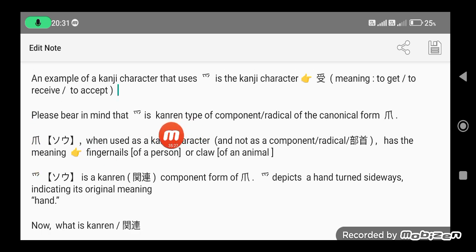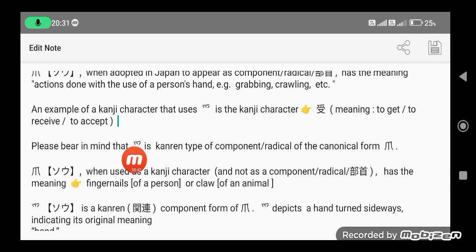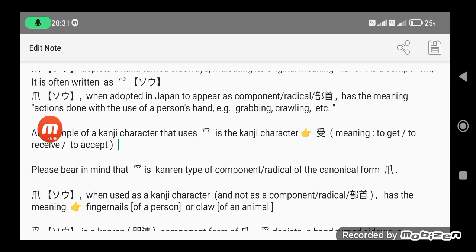When you say kanren, it's a variant. Kanren is a variant type of a component or radical. The variant or kanren type originated from a canonical form. So this is a kanren type of the canonical form tsume or so. This is the canonical form, or commonly known form of the radical, and this is its variant, or the kanren.